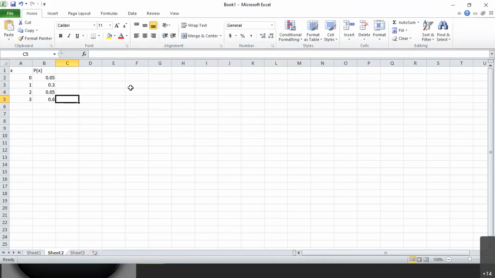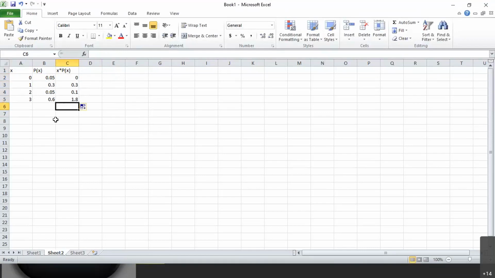The first thing I need to do is find my expected value. So I'm going to multiply X times P of X, multiplying each value by its probability. That's going to be this times that, and then I'm just going to pull down to get it for each pair of cells.